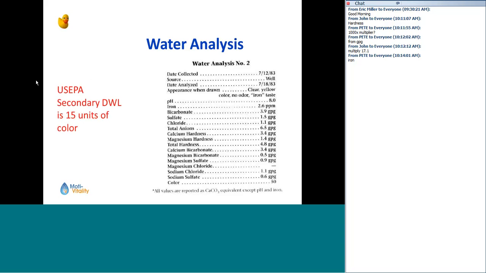Okay, so it's definitely heavy iron. Also, in terms of color, the US EPA secondary drinking water limit is 15 units of color, so we've got to get rid of that color. Now, filtering out the iron, if it is in fact caused by oxidized iron, then putting an iron filter in is going to get rid of the color as well.